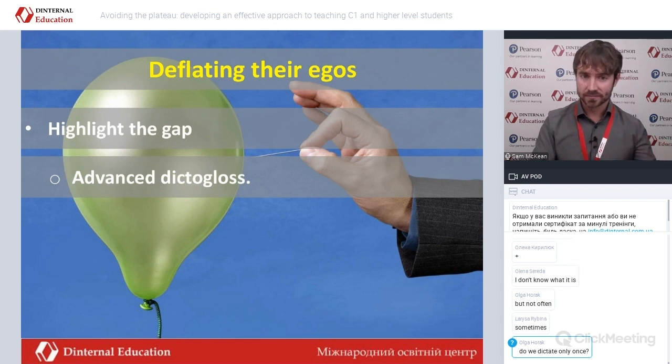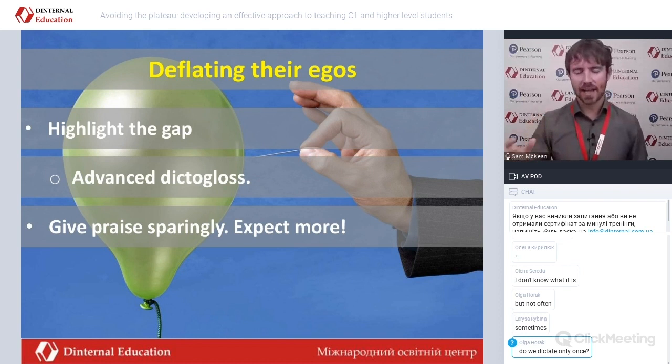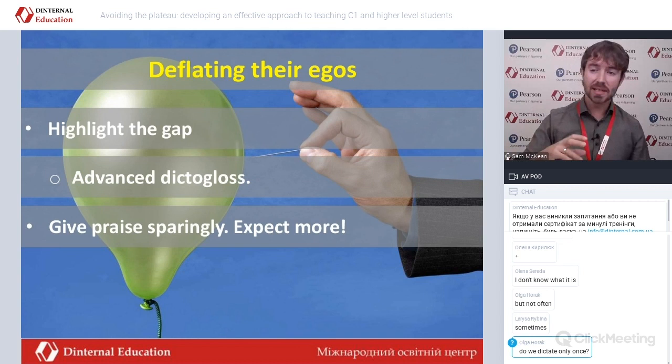So another way that we can bring them down to earth is giving praise a bit more sparingly. So with higher level students, we should only really be praising truly special moments, when they are showing really advanced level skills.